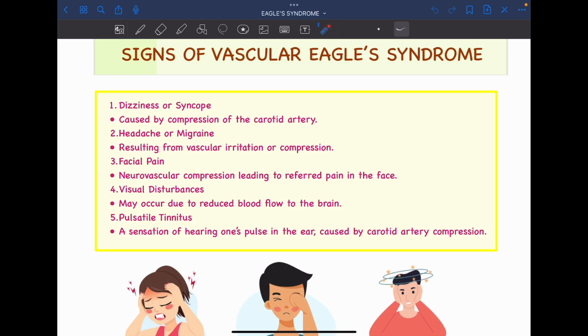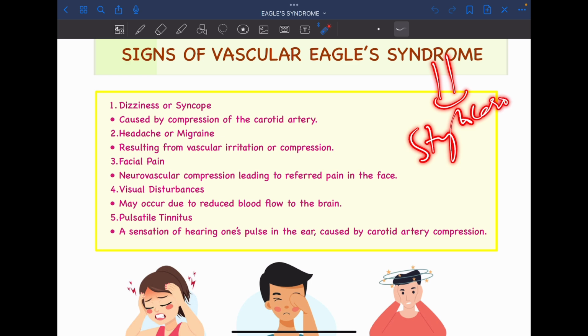Now let's discuss the signs of vascular Eagle syndrome. So the most important sign here is syncope or dizziness, right? Which differentiates it from the classic Eagle syndrome. Okay. So because here, as it is also referred to as stylocarotid syndrome, right? Here the carotid is involved.